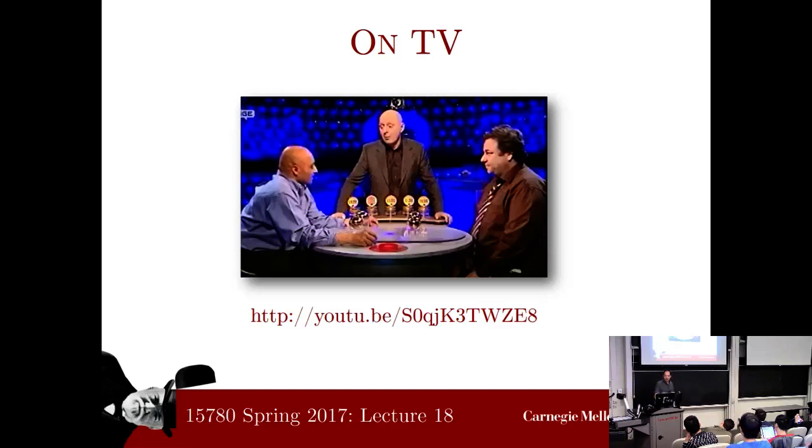Each one of them has two balls, either split or steal. If they both choose split, then they split the money that they earned. If one of them chooses split and the other chooses steal, then the one who chose steal gets all of the money, and the one who chose split gets nothing. And if both of them choose steal, they both get nothing.